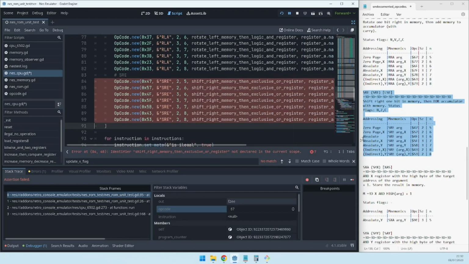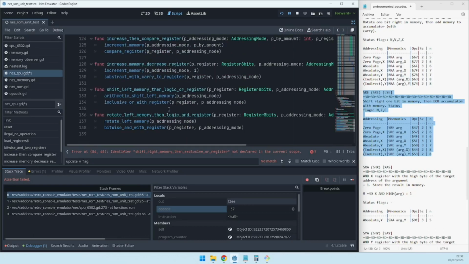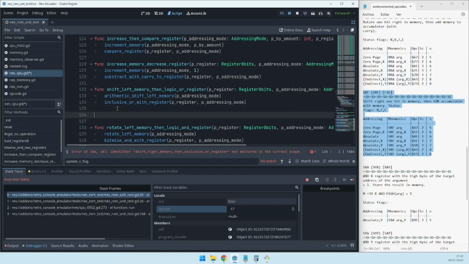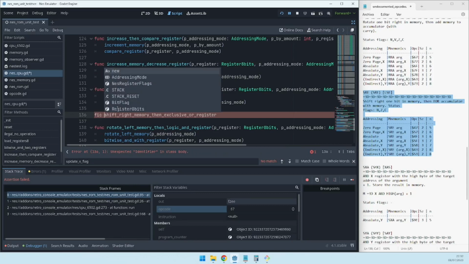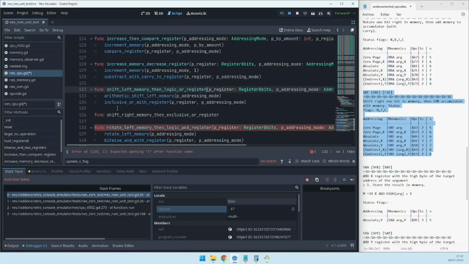And now we have to implement the actual function. So I think I will put it in here so the two shift functions stay together. Copy the arguments.